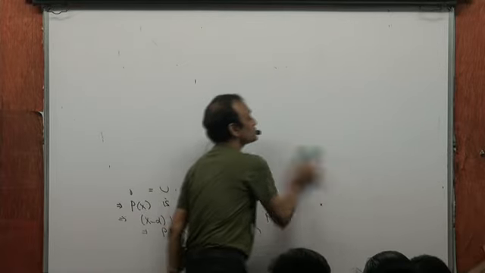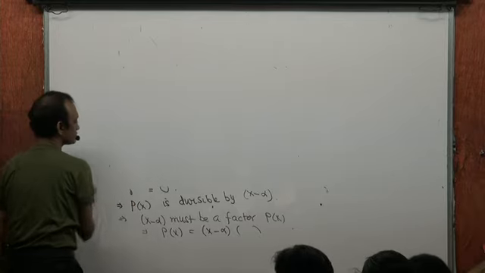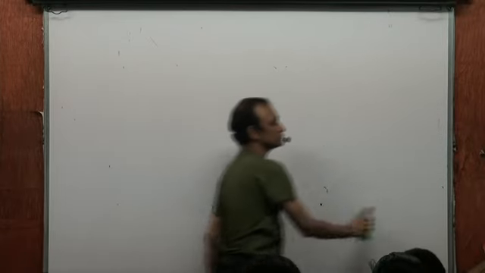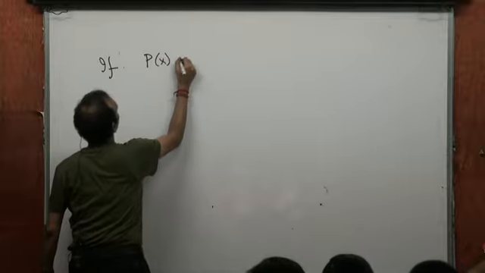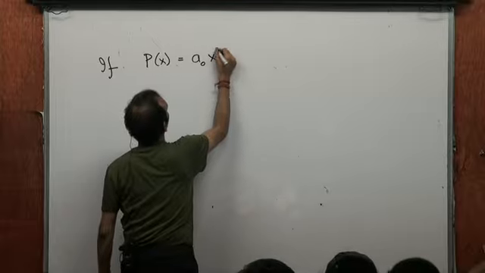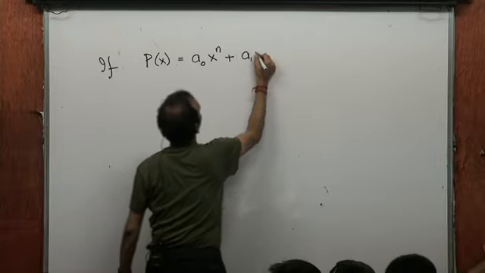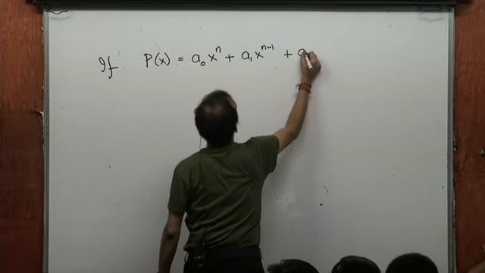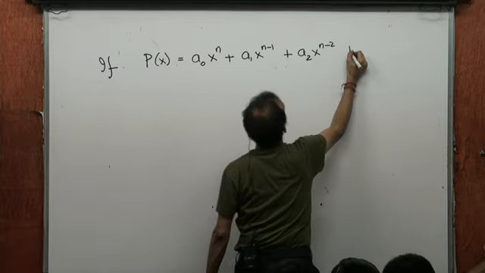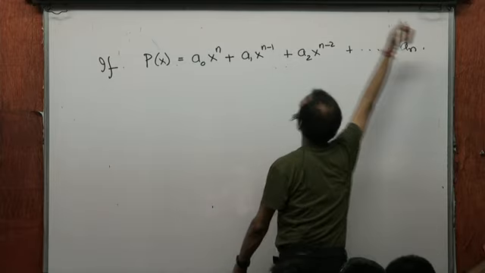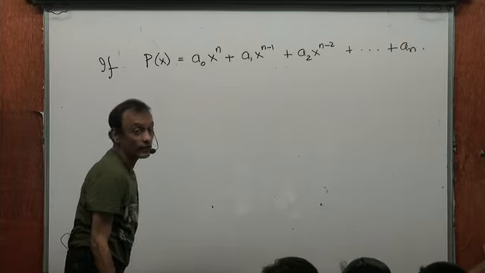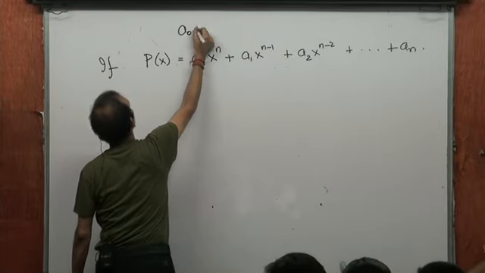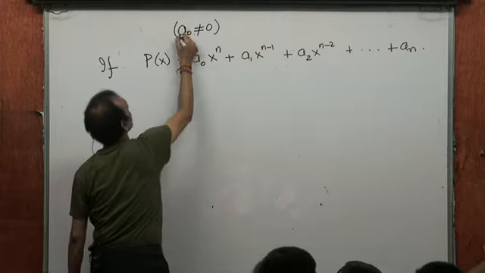Now, see, the important thing is, if a polynomial P(x), which is say a0 x^n plus a1 x^(n-1) plus a2 x^(n-2) plus ... plus an, is a polynomial of degree n, so what can't be 0? a0. a0 can't be 0. Because others could be 0, but a0 cannot be 0.